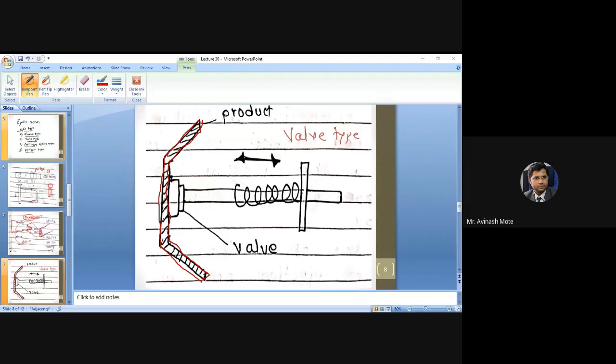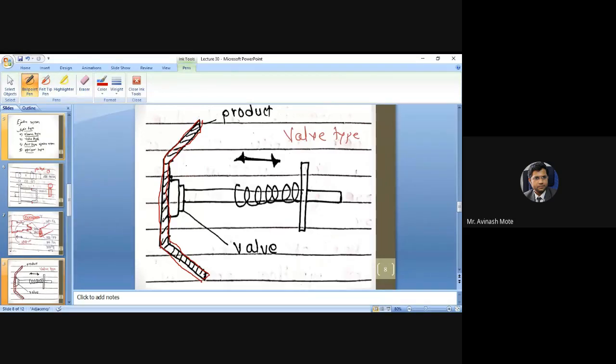So whenever there is a large size component, large and deeper component, deep in the sense, see, very large size and very deep also. Are you getting? In such cases, see the depth, this much depth is there. So in case of large and deep components, the wall type ejection system is used.